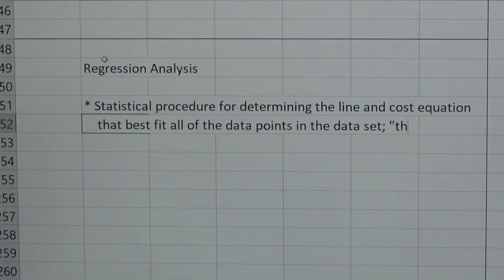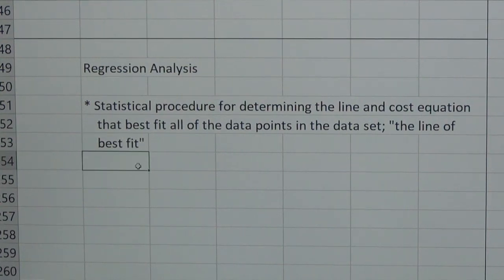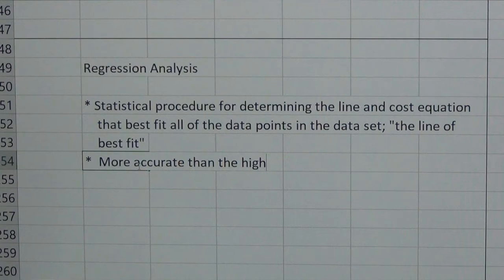And so the line of best fit. This is probably more accurate than the High-Low method.